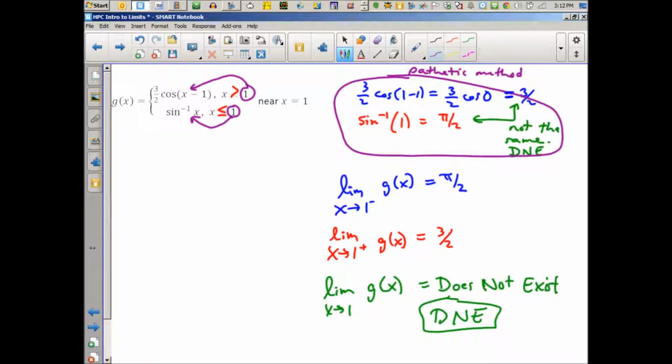The reason that this doesn't really make that much sense is because what you've done is you've plugged 1 into a function when 1 was not really part of the domain. It says x is less than 1. It doesn't say x equals 1. See? So why are you plugging 1 into 3/2 cos x minus 1 if 1 isn't even in the domain?